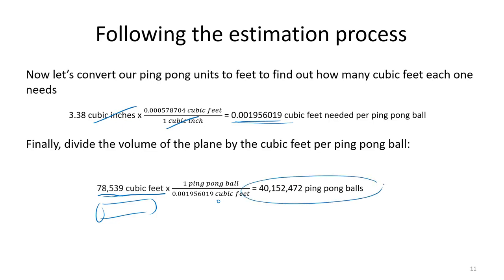And I determine that over 40 million ping pong balls could fit inside that 747 jet. That's a lot of ping pong balls. But if you think about it, the cylinder is pretty big as well.